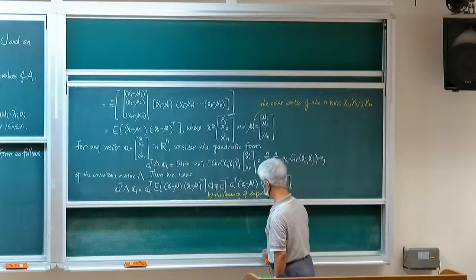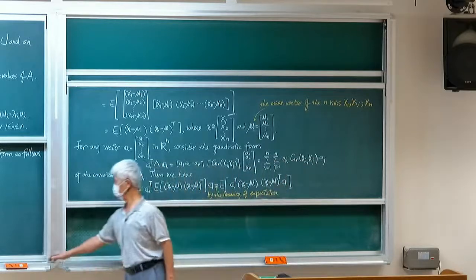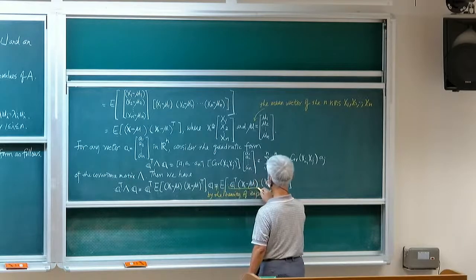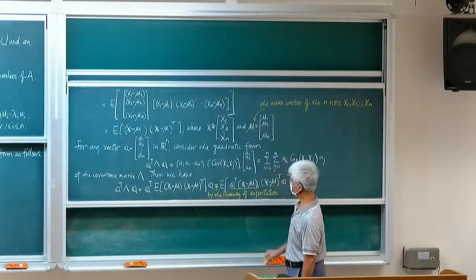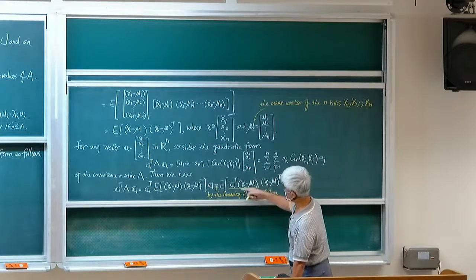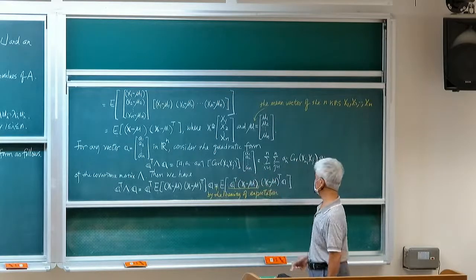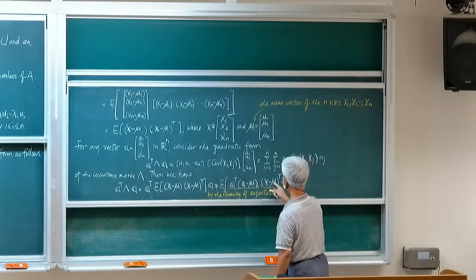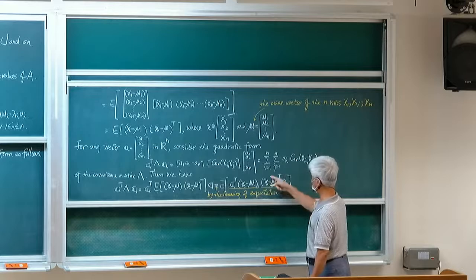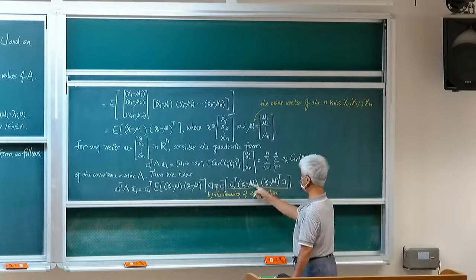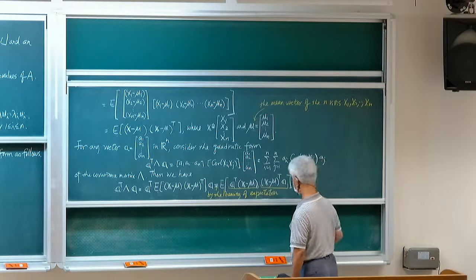And you can see that this one, the row vector times the column vector, becomes a random variable, and this is again a row vector times a column vector. So now these two random variables are the same.